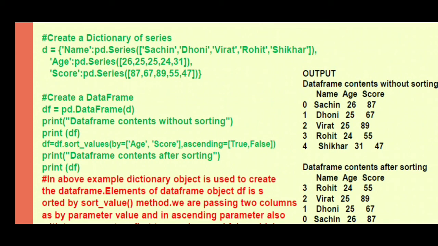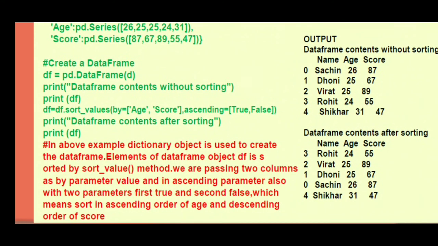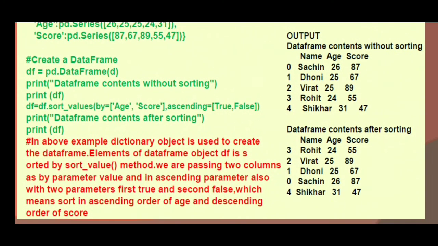When you do this, age is arranged in ascending order while score is arranged based on the age ascending order, after sorting the data frame contents.